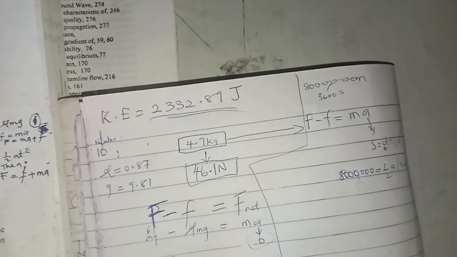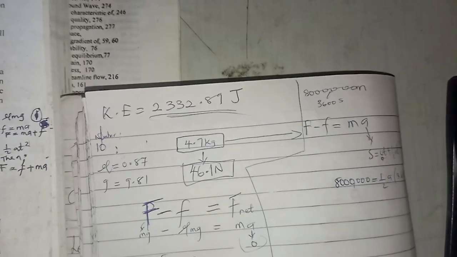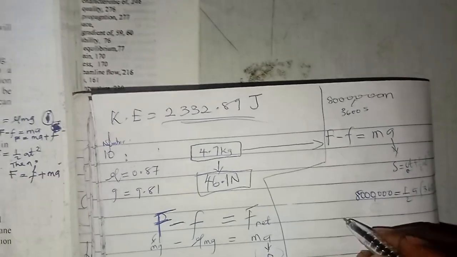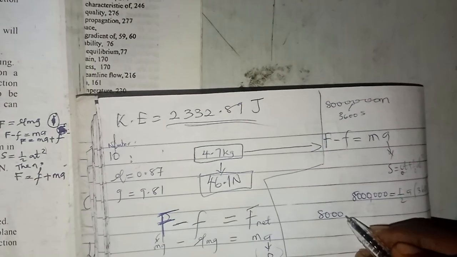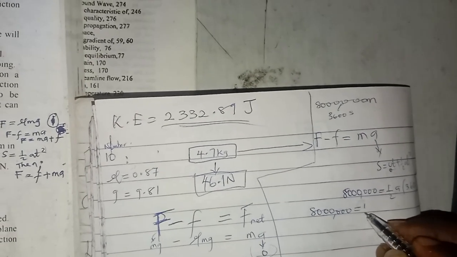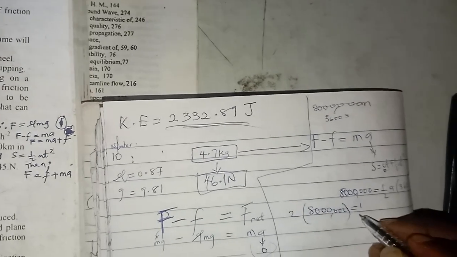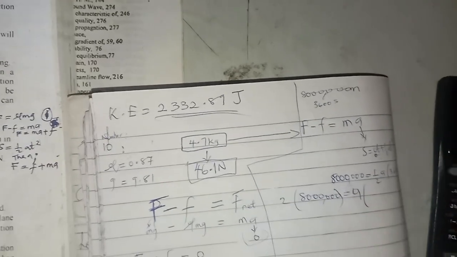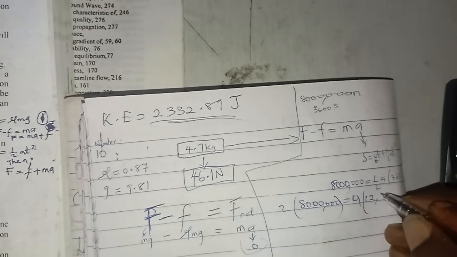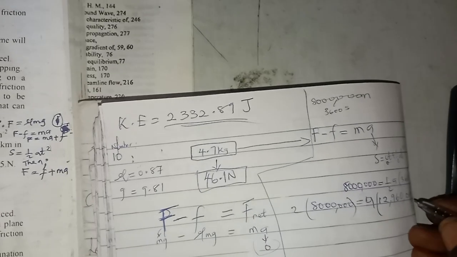3600 squared. I could just use it in kilometers, but I want to convert. So if I do this, I now have 8 million equals to half a times 3600 squared; the half can go here and this times 2. Then I have a, then 3600 squared is the same thing as 12,960,000 in seconds.